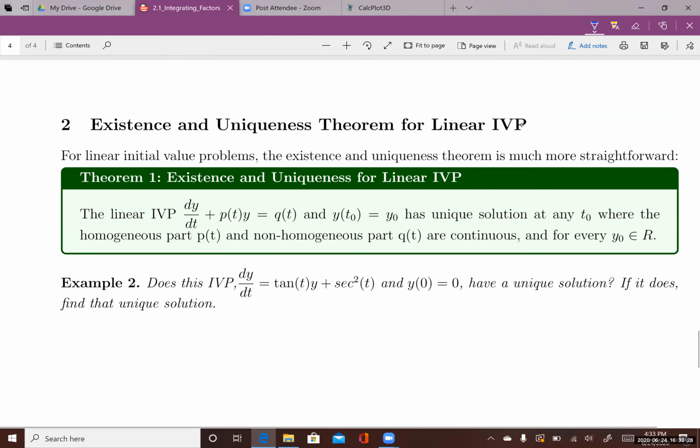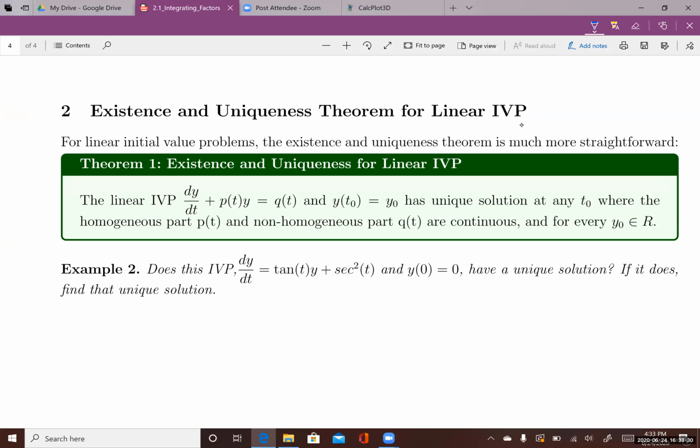All right, the next part is we want to talk a little bit about the existence and uniqueness theorem for linear initial value problems. For linear initial value problems, the existence and uniqueness theorem is straightforward.